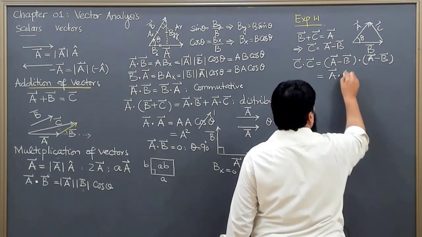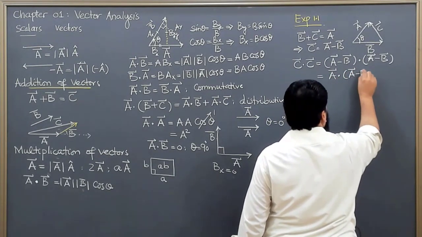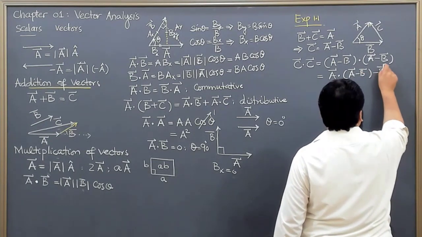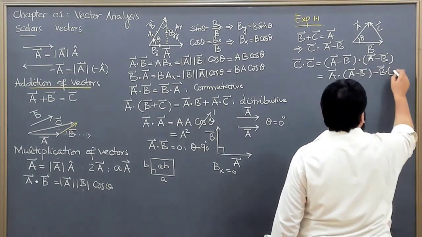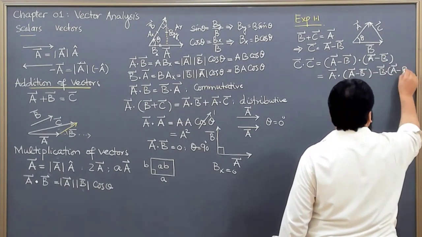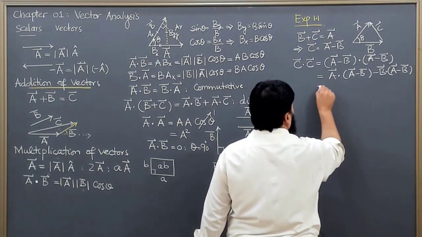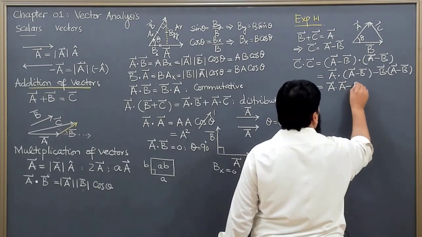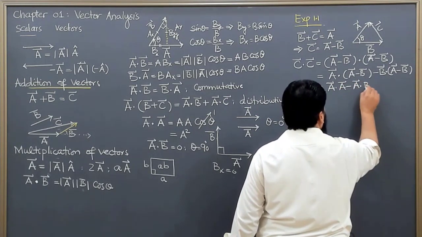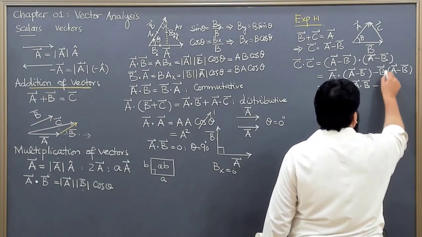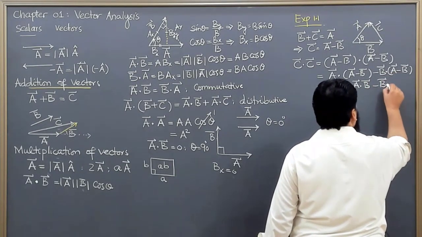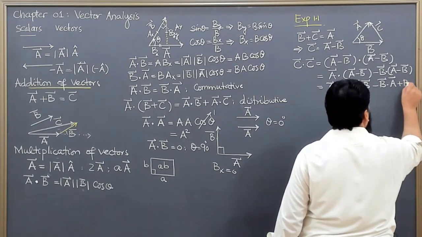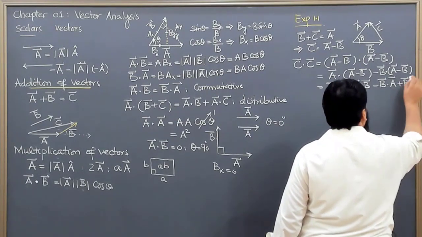A is a dot product with A minus B, and then minus sign here and B is with a dot product with A minus B here. So this is equal to A dot A minus A dot B and then minus here B dot A, and minus minus becomes plus in B dot B.